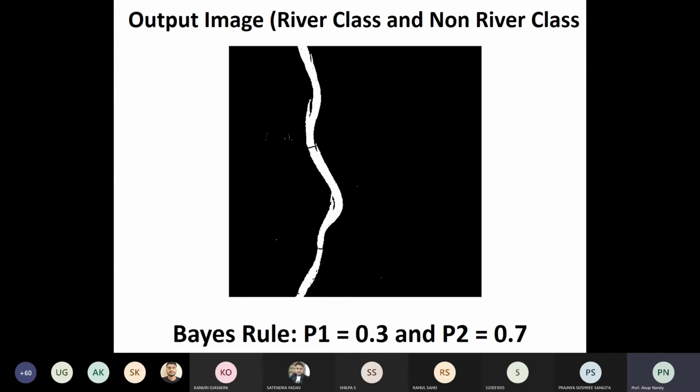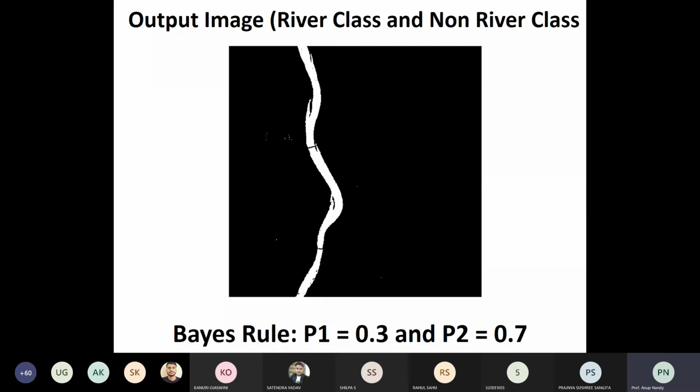Now what you have to do? After implementing the Bayes decision rule, you have to find the output image, river class and non-river class. You test each and every pixel and apply the Bayes decision rule, and we put x in the ith class or river class if the condition is satisfied.